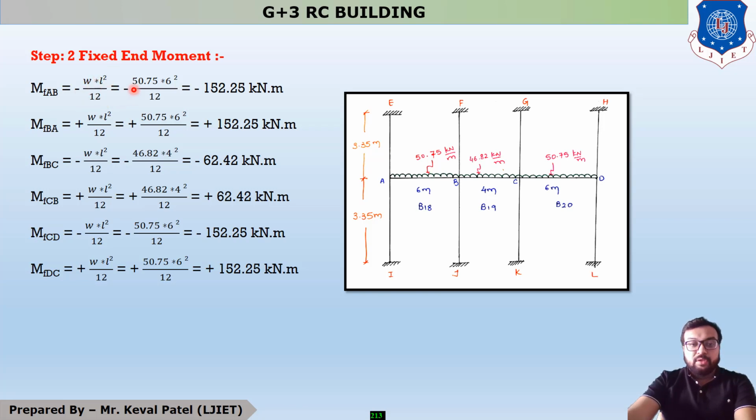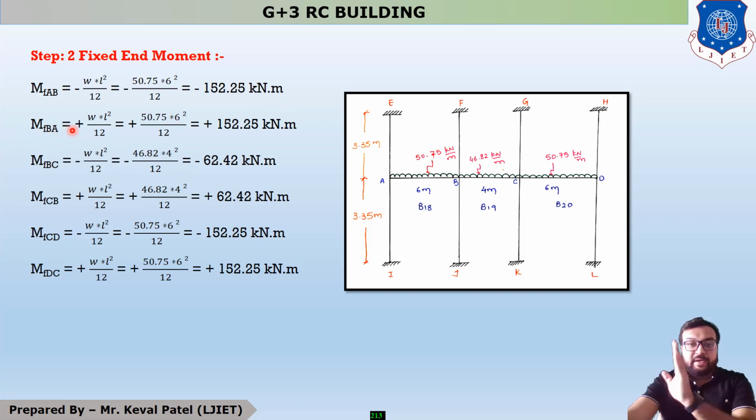Now what is the value of W on that span? The value of W is 50.75. The value of L is 6 meter, divided by 12. So students, after putting in all these values, you will get your answer. MFAB is equal to minus 152.25 kilonewton meter.